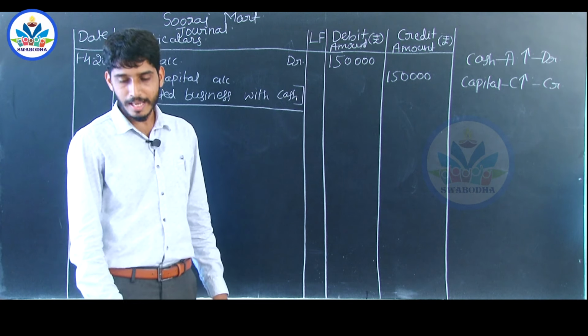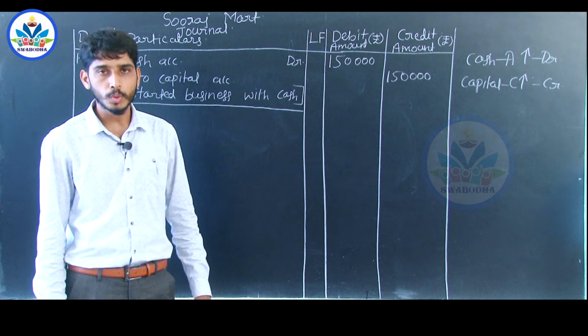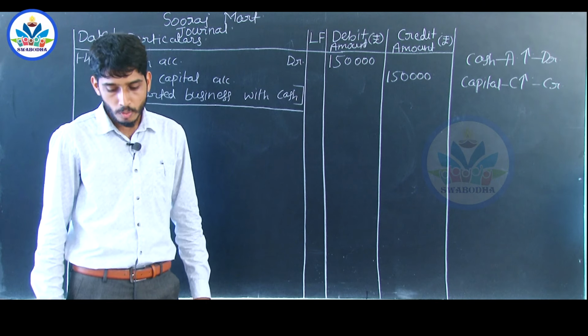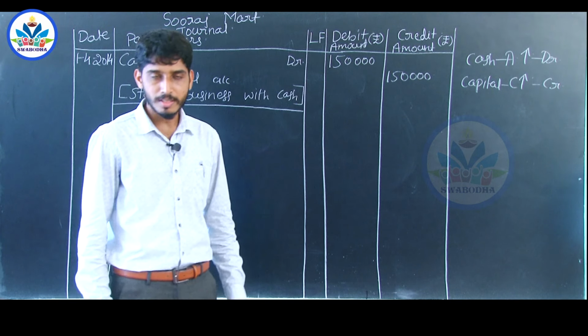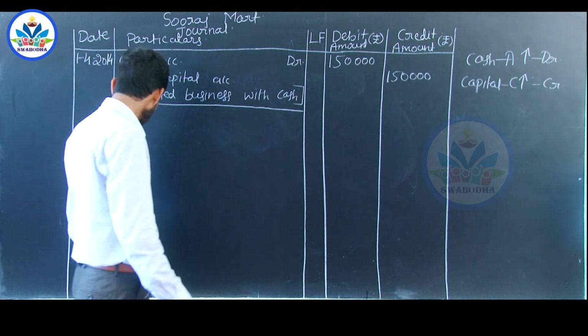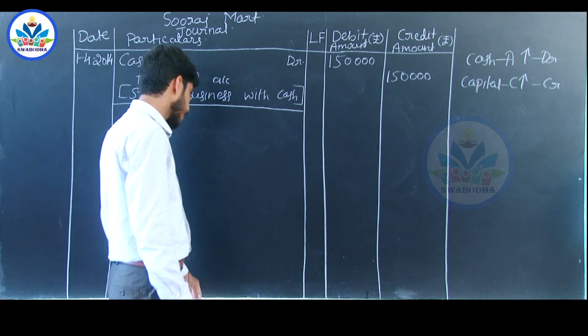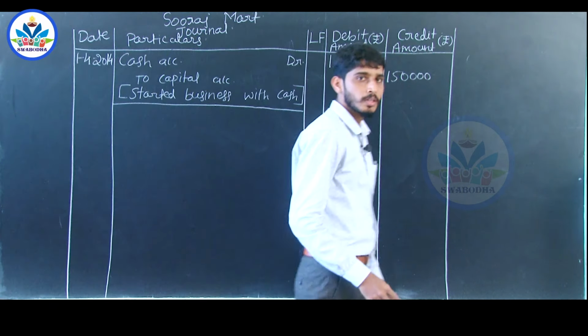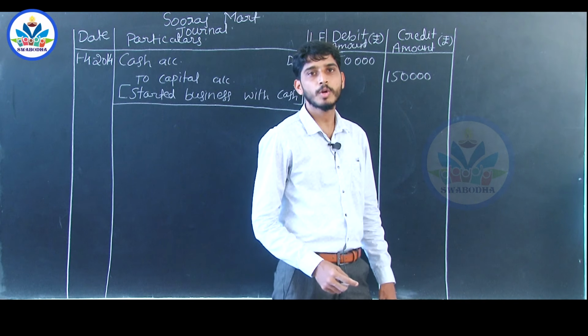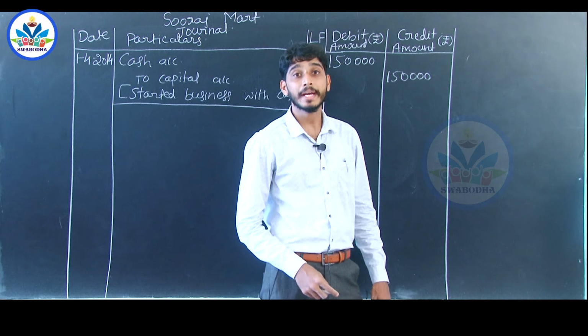The second transaction, 1/4/2014, goods purchased from Manisha rupees 36,000. Now in this particular transaction, you have to find out which are the two accounts involved.